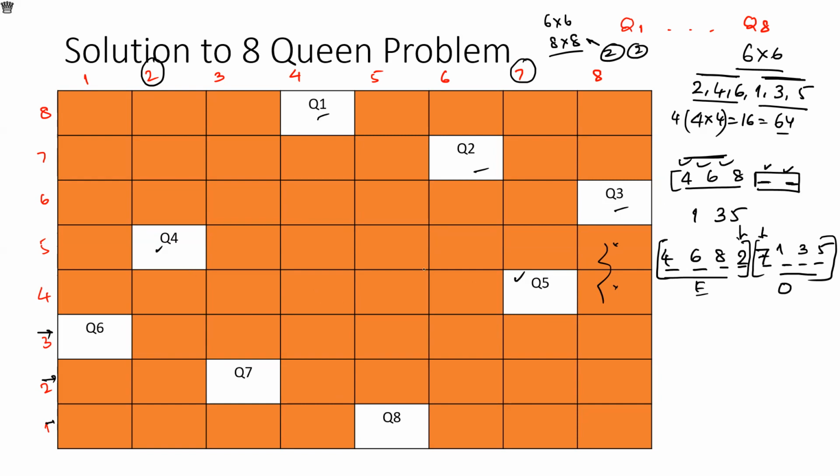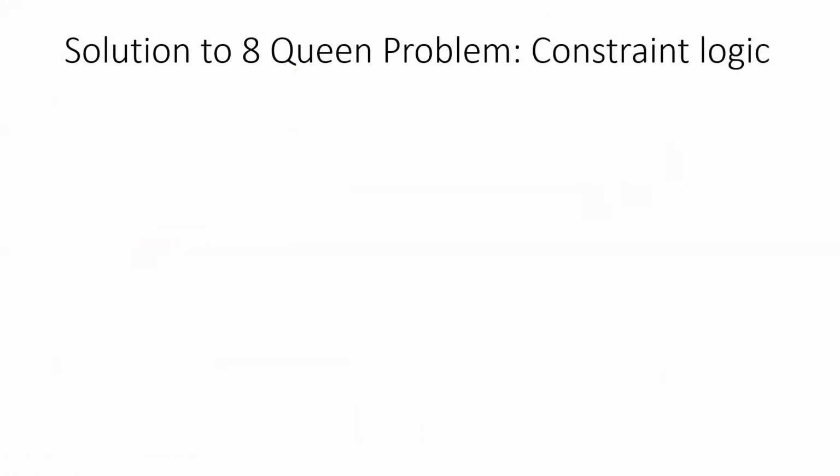Once you do this, and once you cross the cells which will be invalid after placing the queen, then you will be only left with Q2 and Q5. So one of the solutions for 8 queen problem is 4682 and 7135.